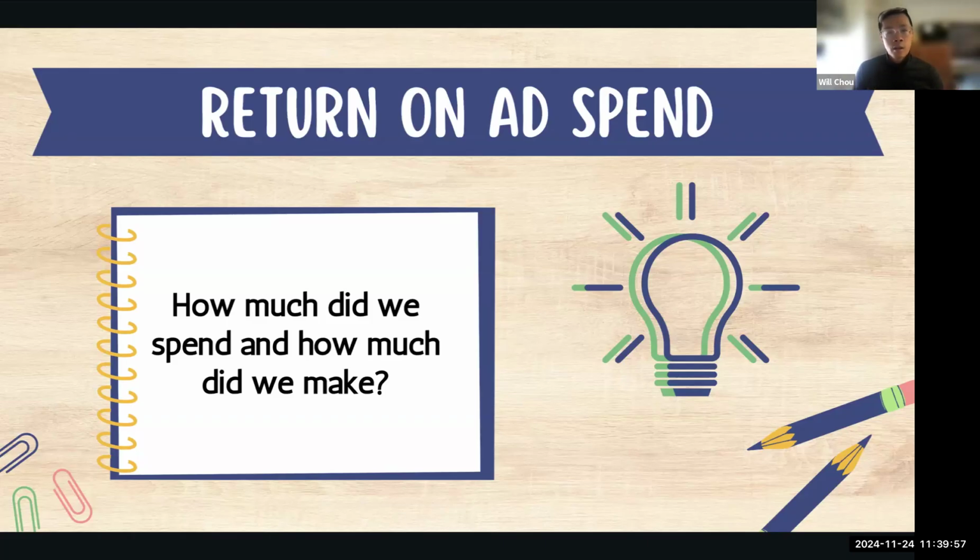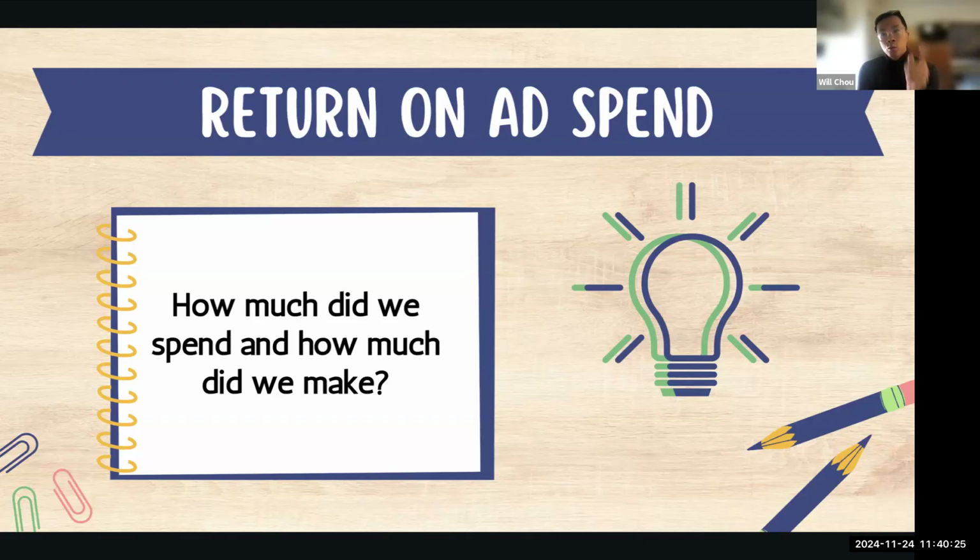So for example, let's say you spent $1,000 in the month of October. And in that time, you got 12 conversions. And let's say those conversions are for a purchase of a t-shirt on your website. So let's say your revenue was $10 per t-shirt.